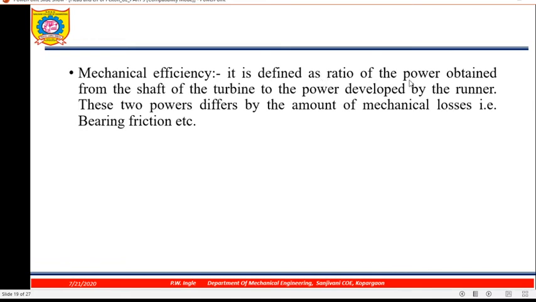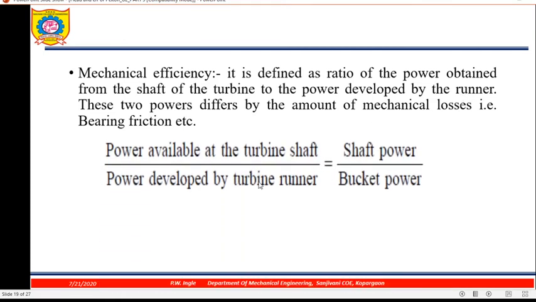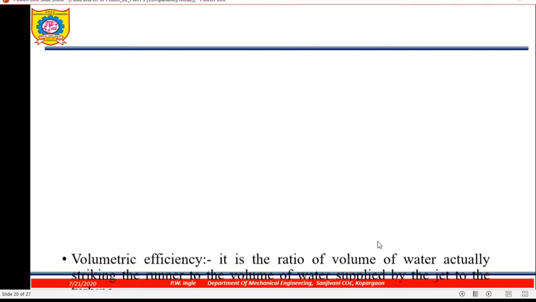It is defined as the ratio of power obtained from the shaft to the power developed by runner. Very simple: shaft power upon runner power, or bucket power. Shaft power is P, and runner power is W into Q_A (Vw1 + Vw2) into u upon g.